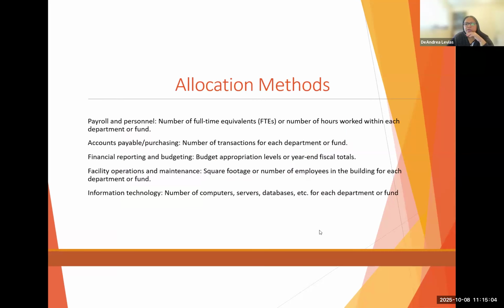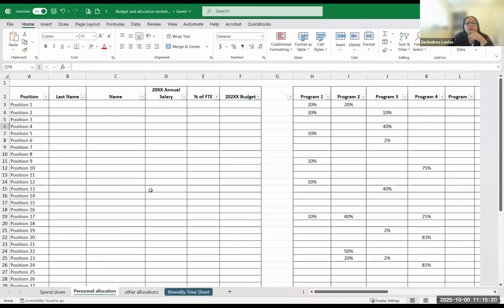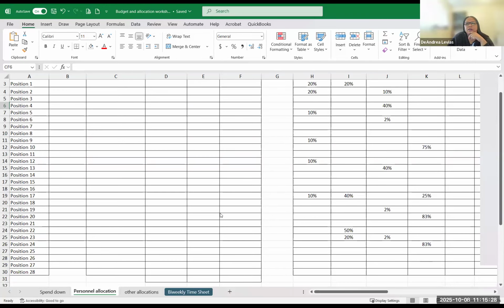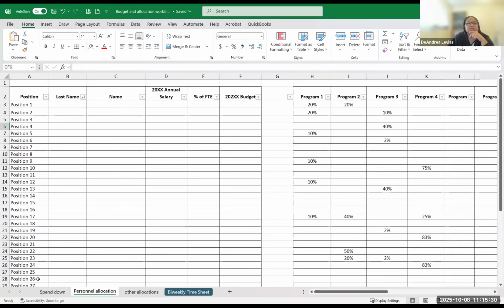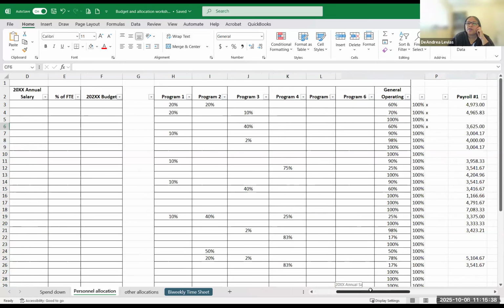There is a spreadsheet that I wanted to share, and I'm going to send it when I send out the documents. This is a personnel allocation worksheet that I've used before. It lists the positions, what the annual salary is, what their FTE is, and then based on programs, it does the allocation.